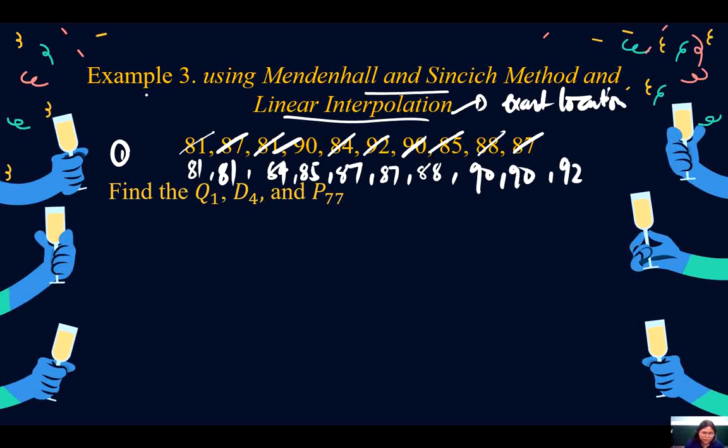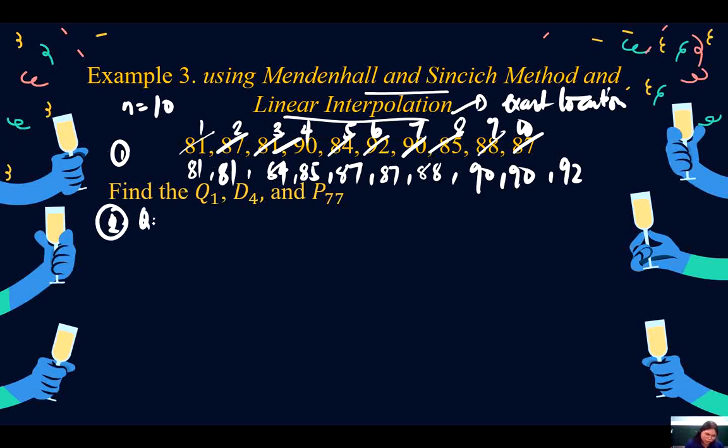Okay. Then next, find the value of n. So we have 1, 2, 3, 4, 5, 6, 7, 8, 9, 10. So our n is equal to 10. Okay, our next step is solve for the position. So we're just looking for the first quartile.